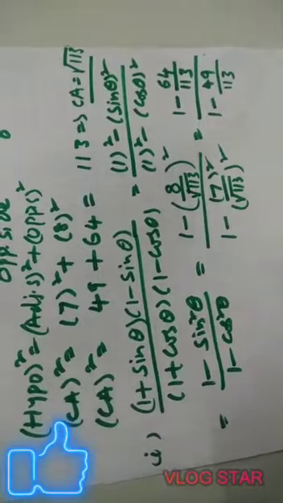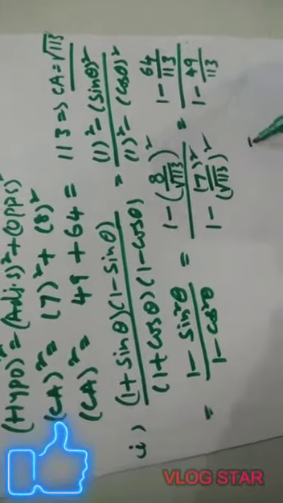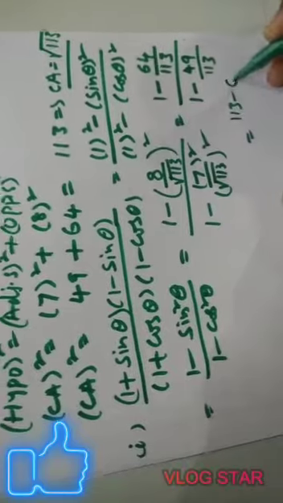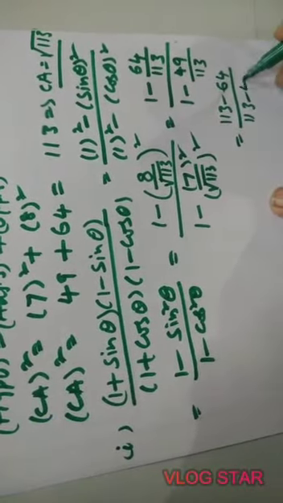So we can write the LCM as 113 into (113 minus 64) by (113 minus 49).